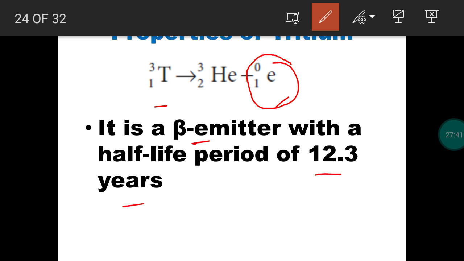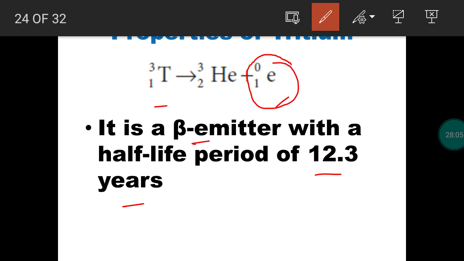What is a half-life period? When you take 1 kilogram of tritium, in this radioactivity process, it will be converted into 500 gram. We take 1000 gram or 1 kilogram of tritium. Because of radioactivity, 50% is decomposed.